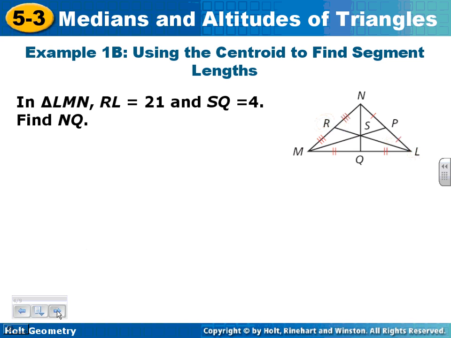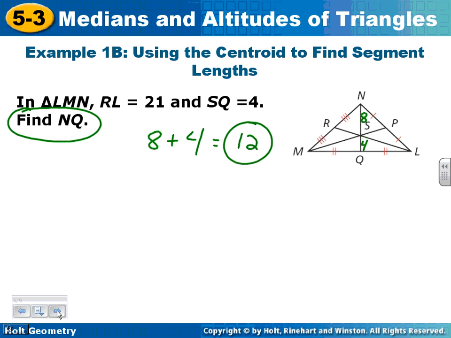Getting ahead of myself here. That's the next page. Find NQ. SQ is 4. SN is 8. To get from N to Q, I would have to add those together, to get a final answer of 12. Sorry, I got ahead of myself there on that page.